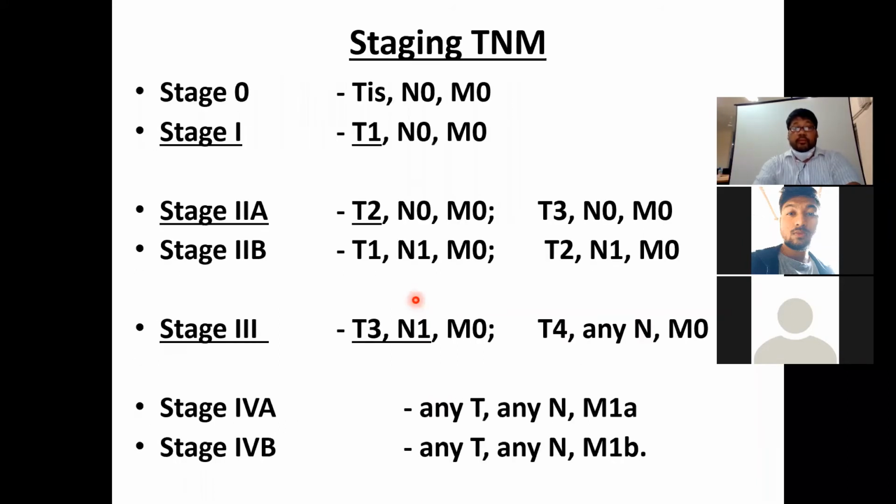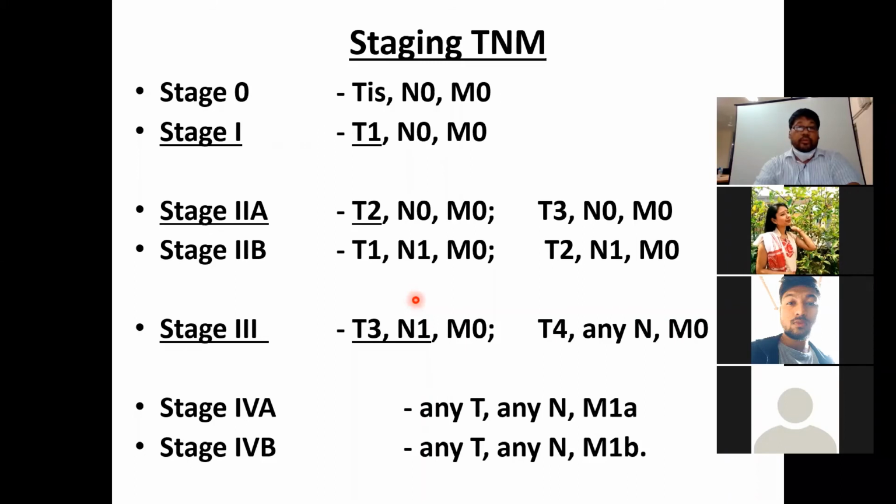So these are the stages. Stage 0 will be tumor in situ, N0, M0. Stage 1 is T1 N0 M0. Stage 2A is T2 N0 M0 or T3 N0 M0. Stage 2B is T1 N1 M0 and T2 N1 M0.